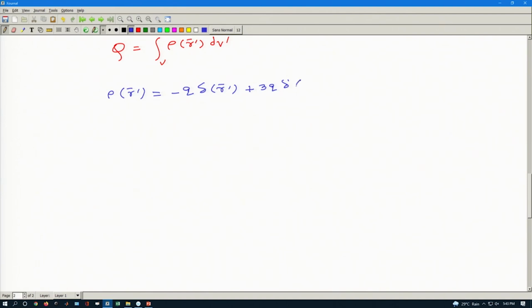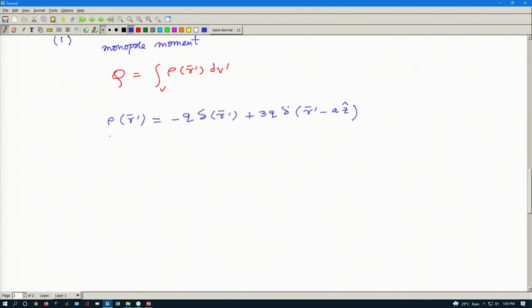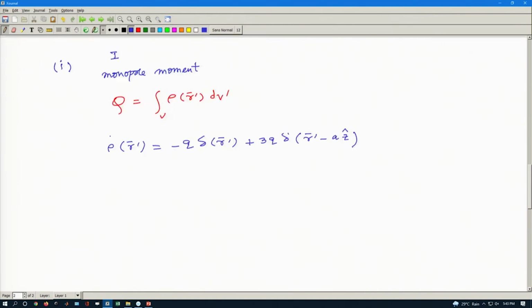So, I simply write 3q delta function of r prime minus a z unit vector. That should be the location of this charge, and if you add these two, that should be the charge density for the discrete charges. If you forget, let me write it here once again. The charge density of discrete charges was something like the summation of q k, k from 1 to say n number of charges, delta of r minus r k.